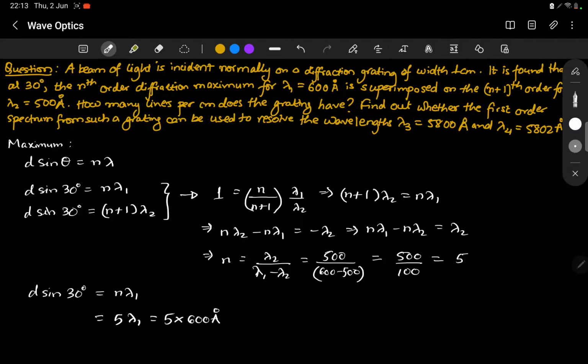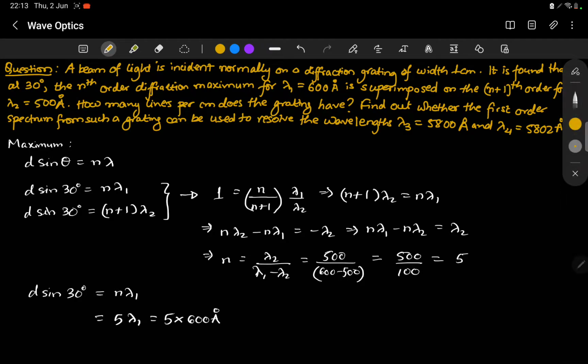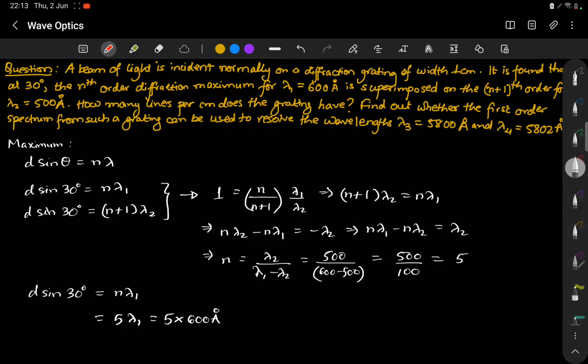This is a little bit artificial in the question. So typically for the wavelength of light, this should be 5000 angstroms and not 500, and this should be 6000 angstroms instead of 600. We can definitely solve the question in this manner, but it just feels pretty much artificial and unphysical.